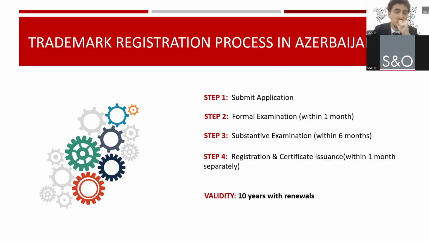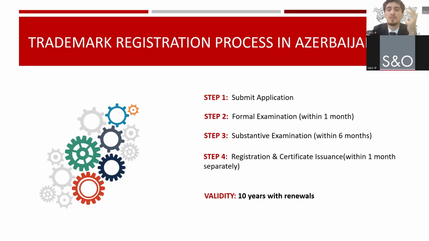The trademark registration process in Azerbaijan has four or five main steps. Firstly, you will start by submitting your application form to the organization. Later, you will have a formal examination, which will last within 1 month. Later, you will continue with the substantive examination, which will be within 6 months.